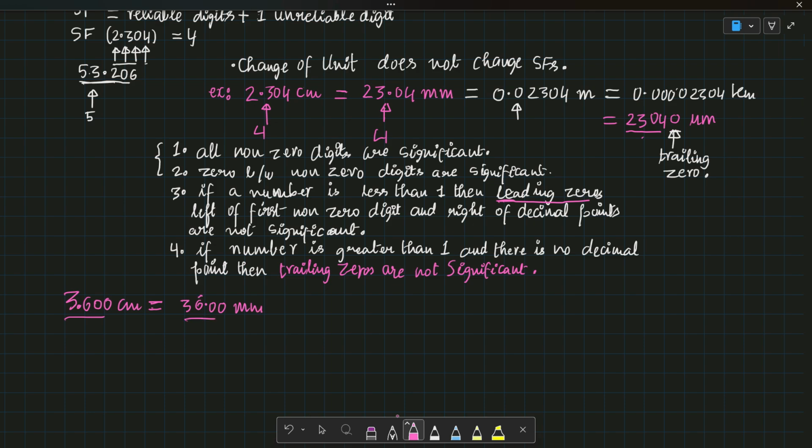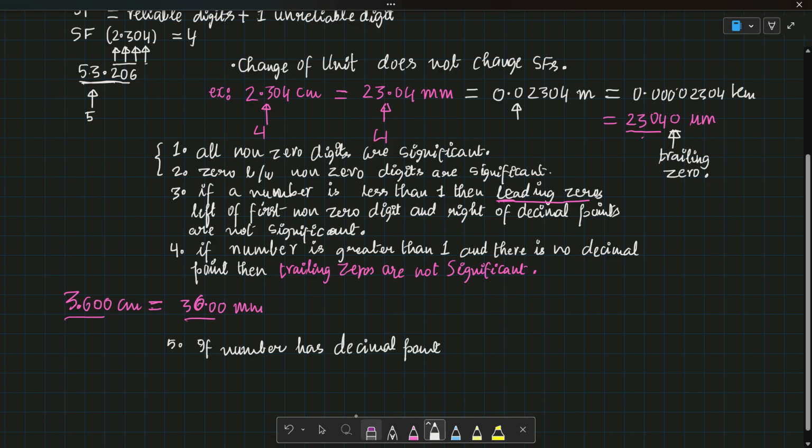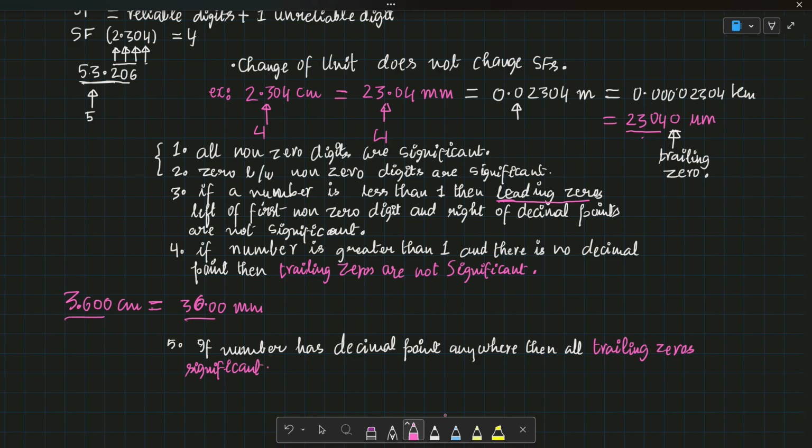So the 5th rule is, if the number has a decimal point anywhere, then all trailing zeros are significant.